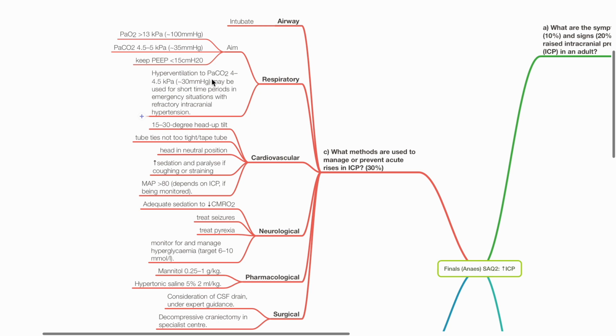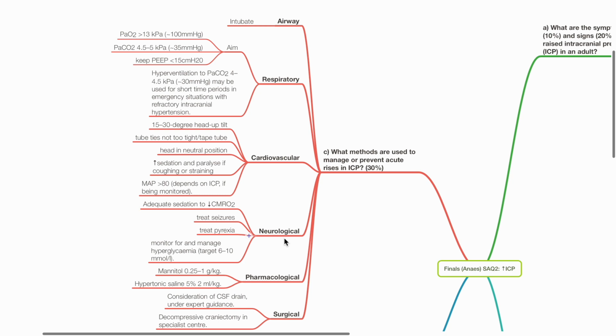Hyperventilation to PaCO2 of 30 mmHg may be used for short time periods in emergency situations to reduce ICP. C. Cardiovascular. 15 to 30 degree head up tilt, tube ties not too tight, head in neutral position, sedation and paralysis if coughing or straining, maintaining MAP more than 80 mmHg.